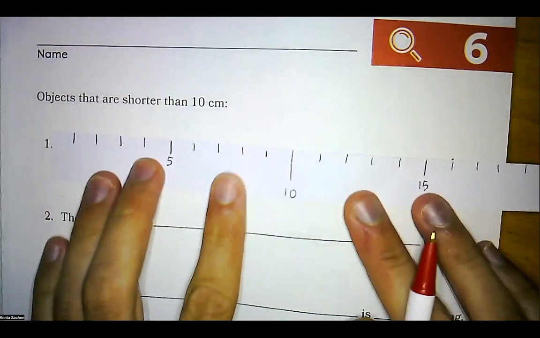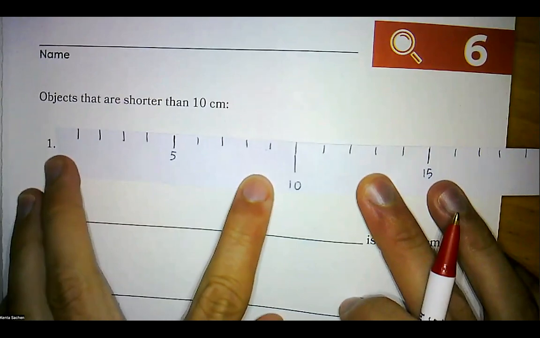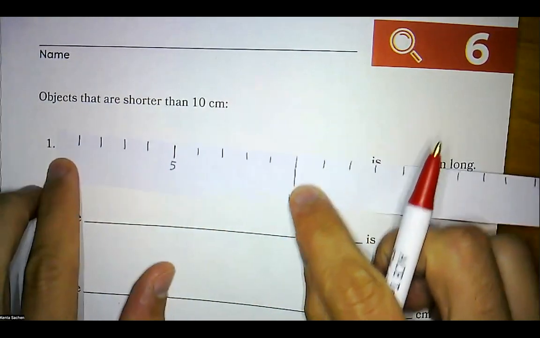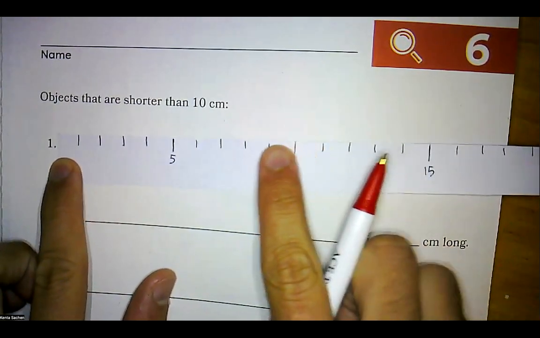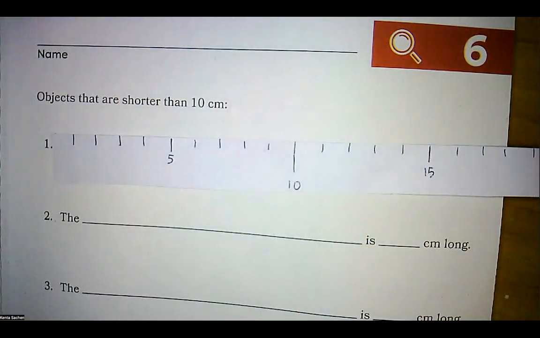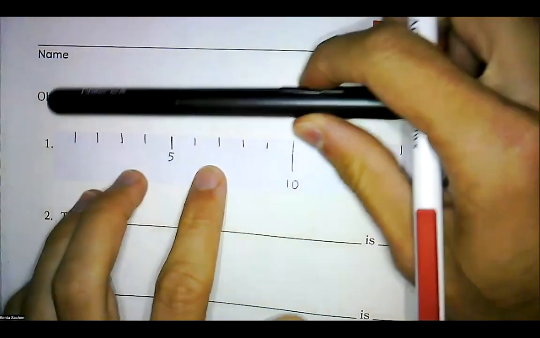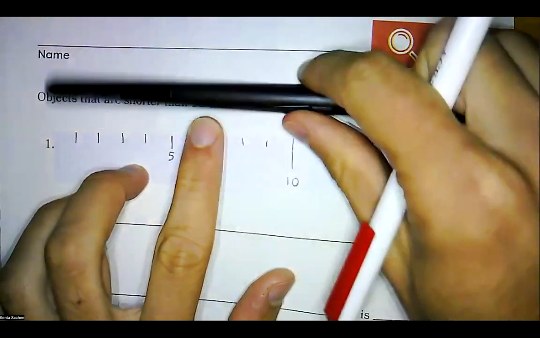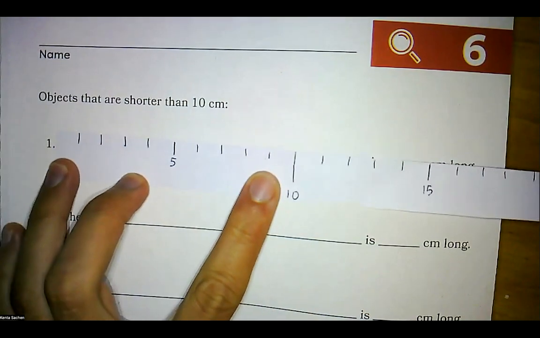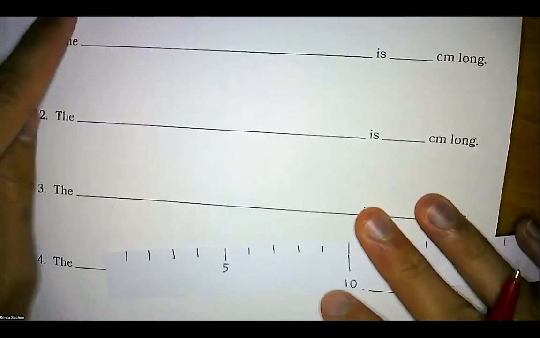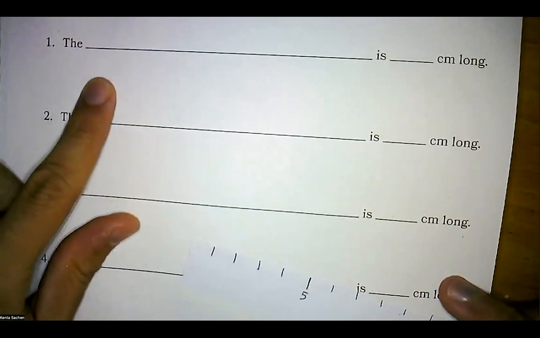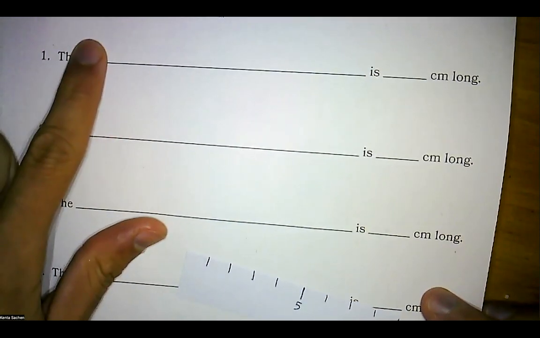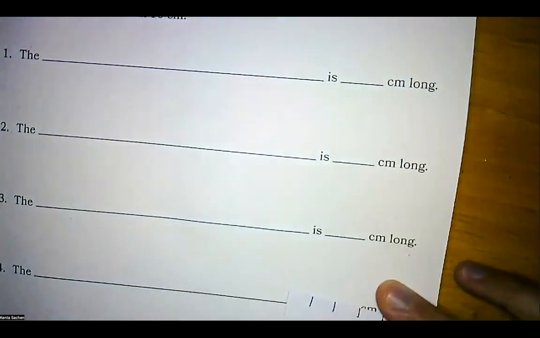So on your ruler, you want to find some things in the room or in your desk that are 10 centimeters or shorter. So for example, this thing is too long because it's more than 10, right? So make sure you're finding things that are shorter than 10 centimeters and writing them down. So you can say, right, this is blank centimeters long.